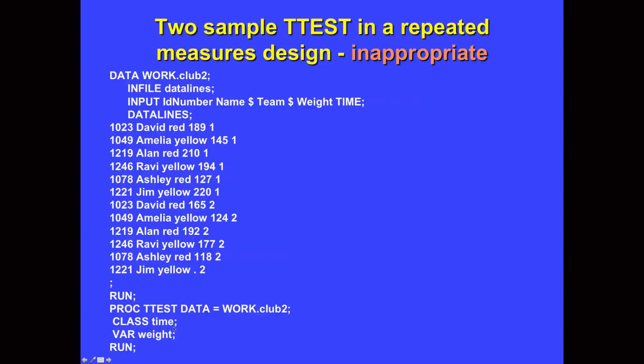But as you'll see, you get the wrong answer when you do this, because this particular t-test procedure in SAS does not take into consideration any possible correlation of the outcome variable according to level of the categorical variable. It's going to assume that it's independent and do the calculations accordingly. And we know, based on our background knowledge of this data set, that the start weights and the end weights are not independent.